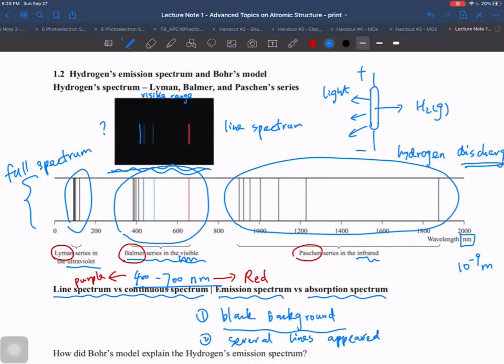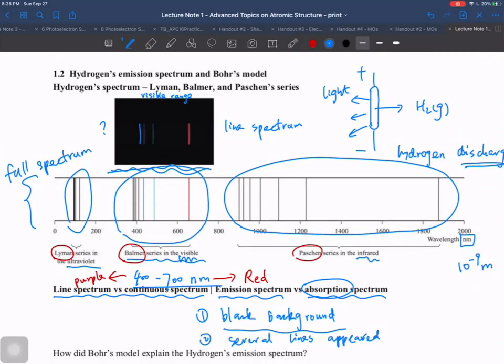So based on this, can you think about how an absorption spectrum looks in terms of these two perspectives? First, how about the background? Is this still a black background?